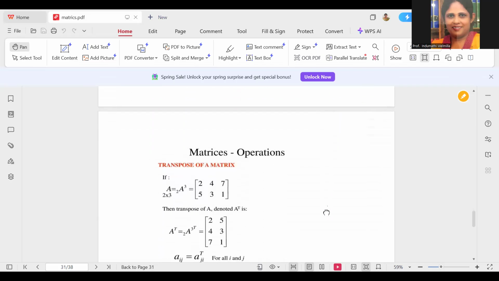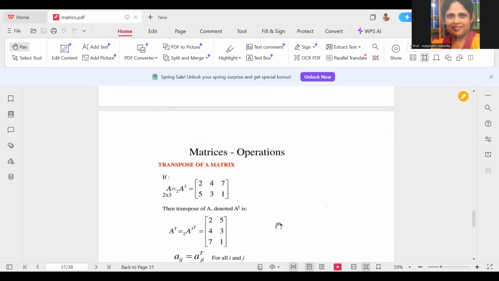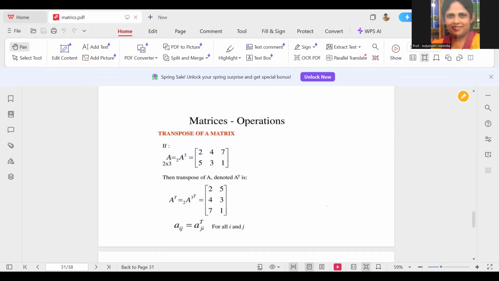I'll show you a very easy one. If our matrix is this one, you can see it is 2 by 3. After we transpose the matrix, this row becomes a column, and this row becomes another column. Here 2, 4, 7, now 2, 4, 7 goes this side.